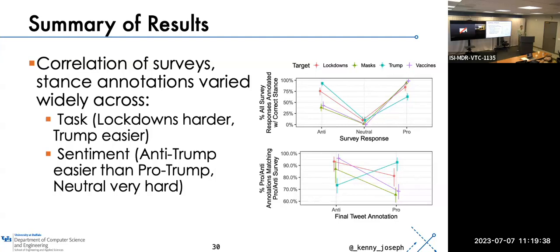Did I also struggle in many, many ways because I had my 2-year-old home with me for a year? Also, yes, right? So the punchline that I'll come back to a couple of times is that stance detection might be too coarse for some topics. So we should be careful about what topic we're thinking about, or at least how we subset within it, right? Whereas Trump was pretty straightforward, with the caveat that Twitter is a left-leaning platform, so we also have to consider the context, right? So anti-Trump was much easier to identify than pro-Trump, right? And neutral was just hard across the board.